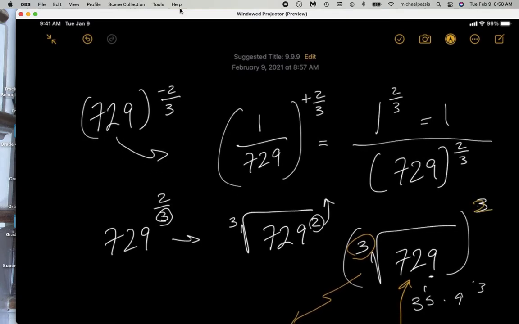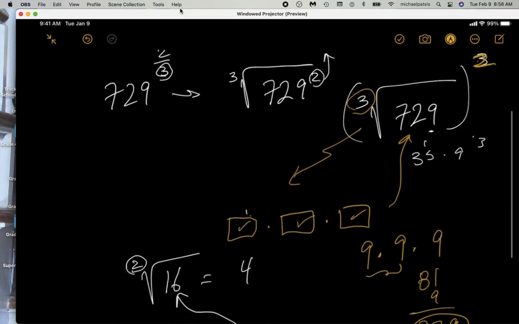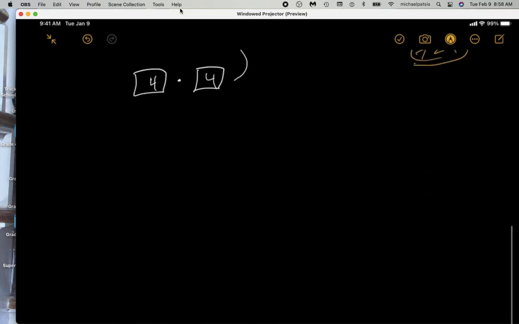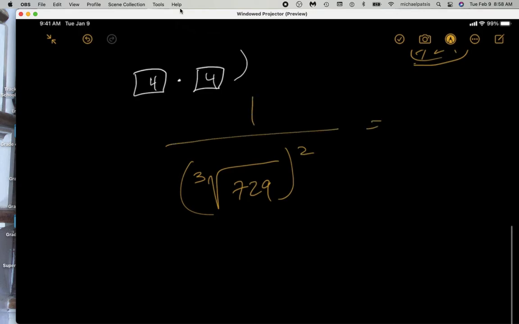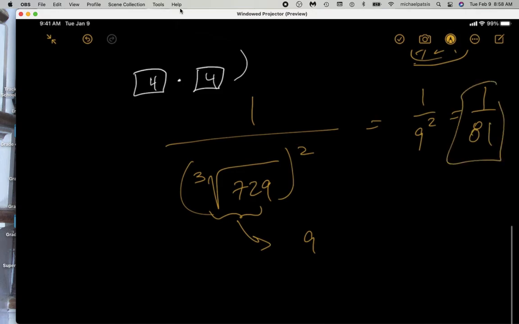This should be a 2, sorry. So we have the cube root of 729 squared in the denominator. We said that this becomes 9. So we have 1 over 9 squared equals 1 over 81, and that's your final answer. Let's go to the next one.